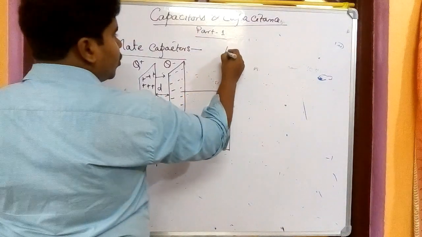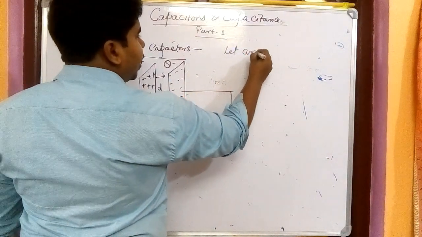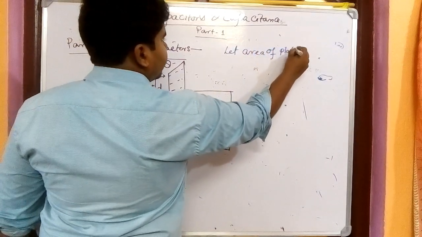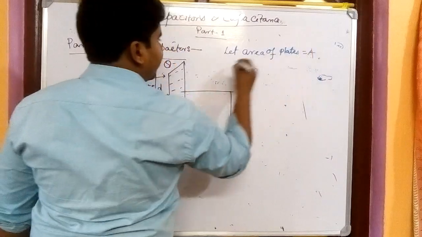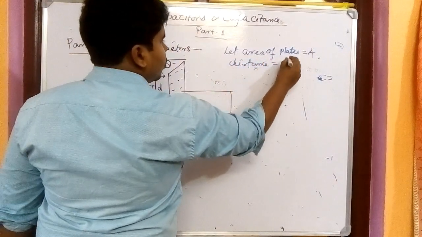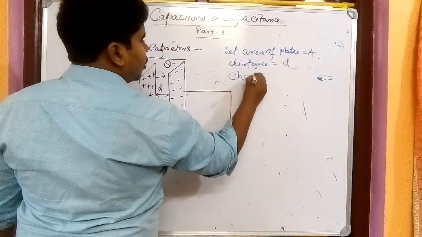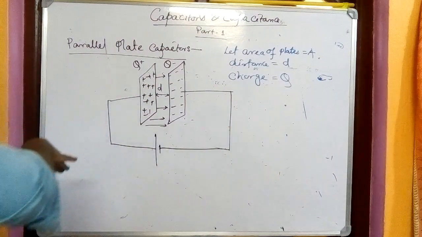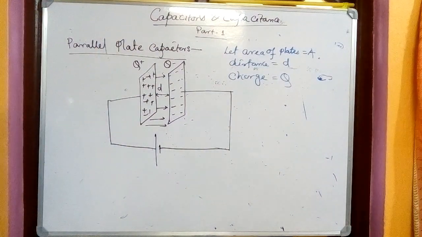So here we have to assume something. Let the area of the plate be A, the distance be d, and the charge be Q. Here it is positive Q, here it is negative Q, but the total charge remains constant.